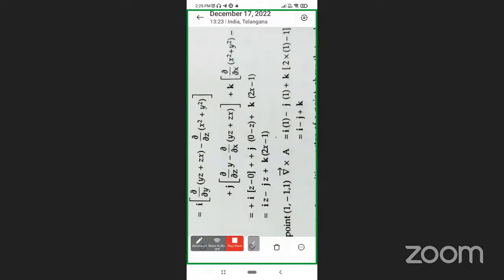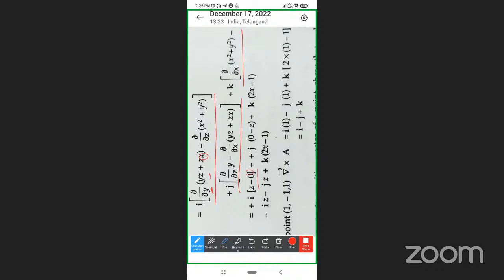Here see this, cross multiplication, j term and k term. Here this is the simplification with respect to y, so that is z, and no y term, that is 0. So z minus 0. And similarly the z term. Here also there is no z term, so that is x, and y is also constant, this is 0.